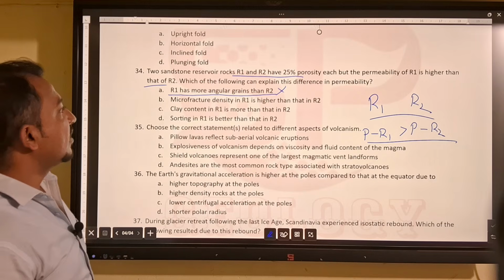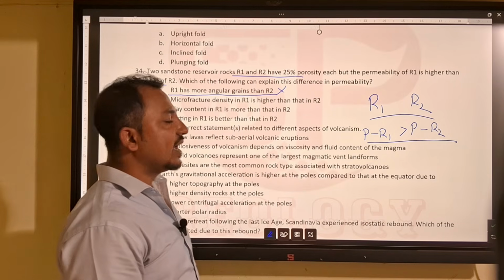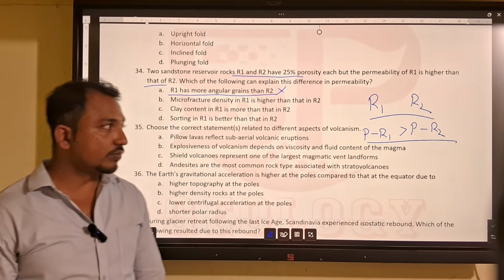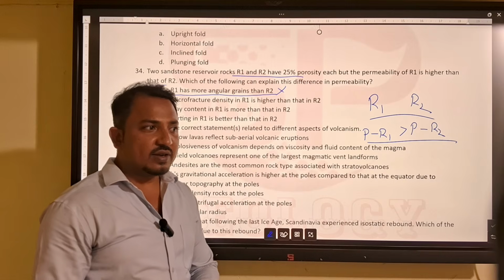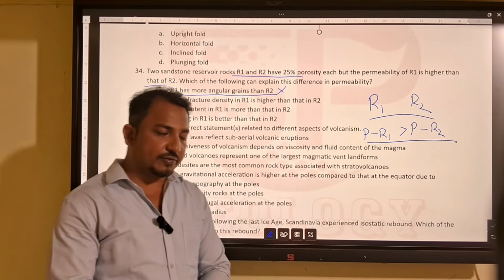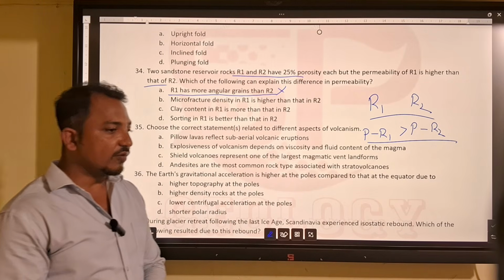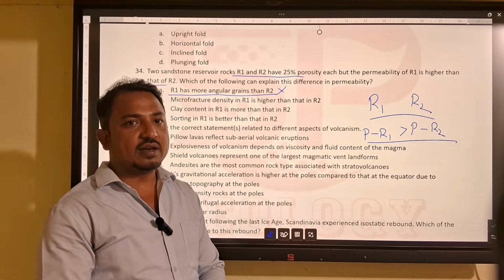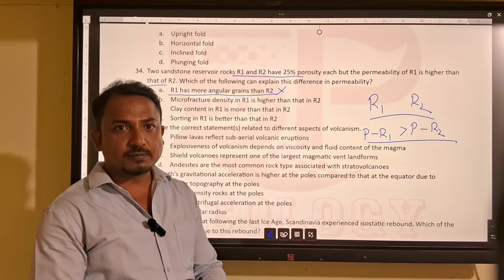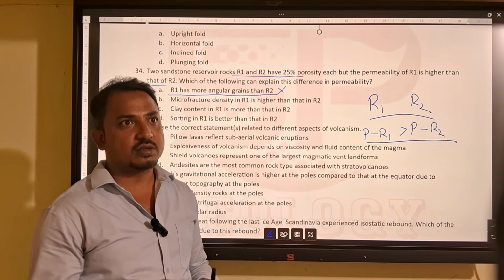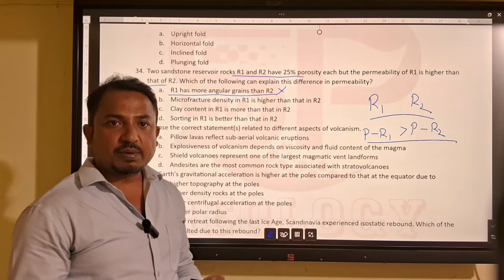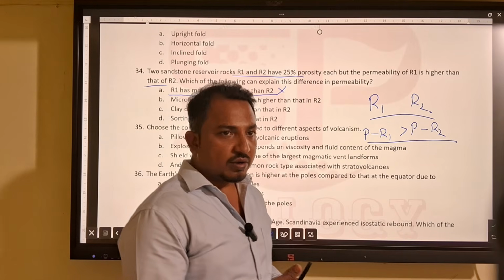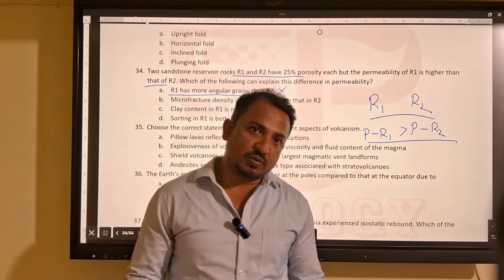Then, microfracture density in R1 is higher than R2. Microfracture density is a thing where it can develop permeability within the rock, because there are different types of permeability. Some is produced during the formation of the rock, that is primary porosity.